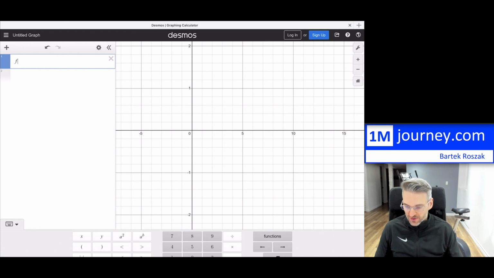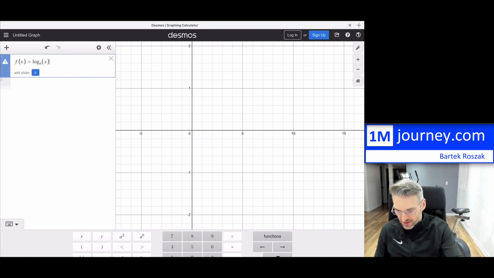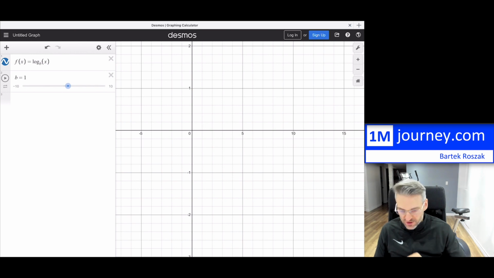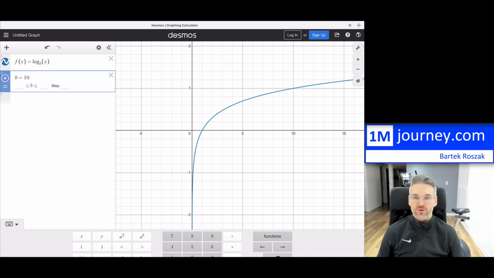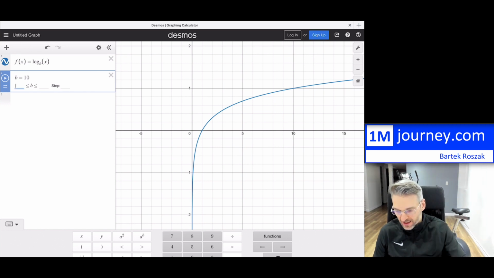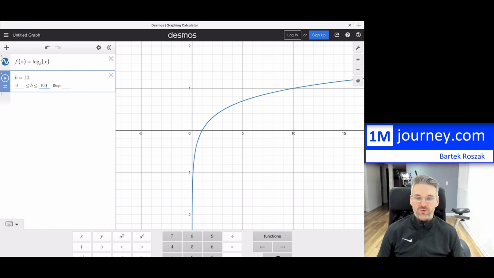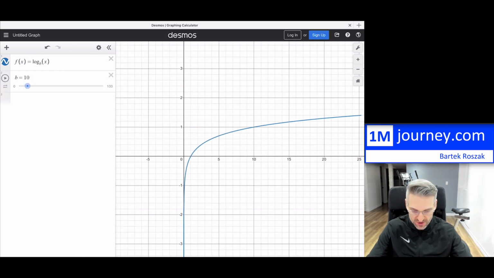So that is how the function looks, and now let's set b equal to 10 for the moment, but we can set it to anything we like, say between 0 and 100 or something like that, and obviously we'll avoid 1. That's how this function looks.